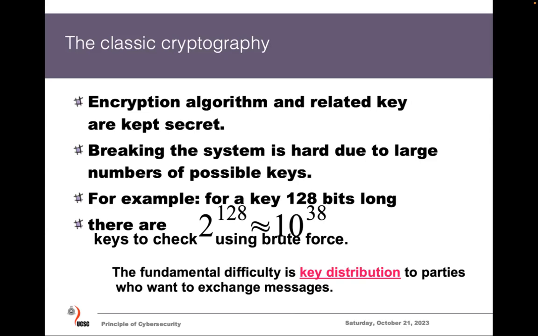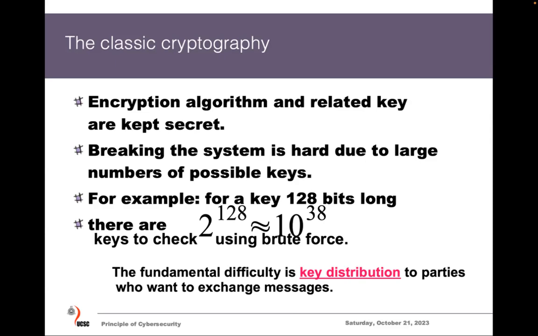Then we have an issue of scalability. That means if you want secure communication between groups, how many keys do we need? For example, if there are two people, we can have one key shared between them. If we have three people, we need three keys, and if we have four people, we need six keys, and so on. So as the number of nodes increases, the number of keys we need increases exponentially.